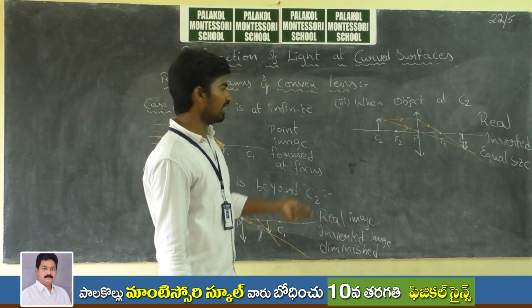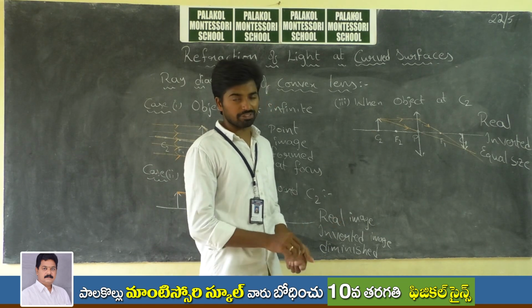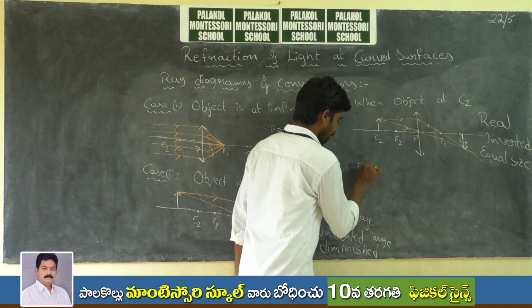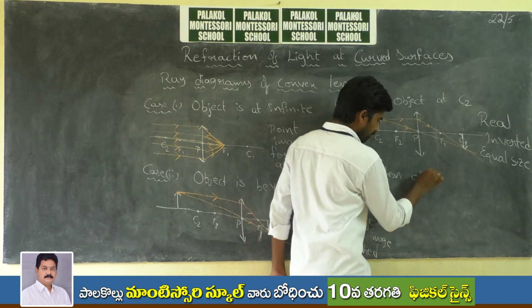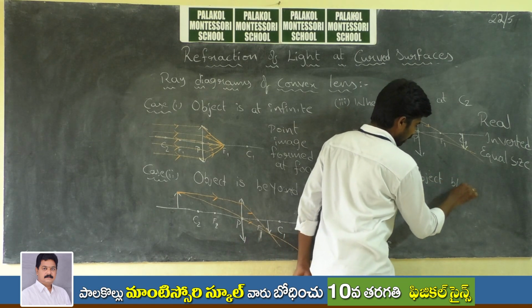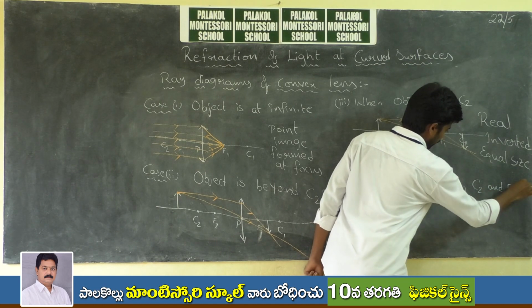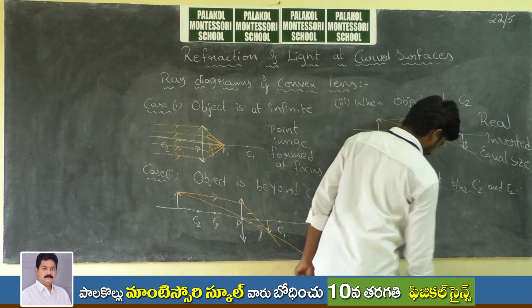So let us consider the fourth case, when the object is placed in between the center of curvature and focus, that is, between C2 and F2. Let us see where the image will be observed and what the nature of the image is.